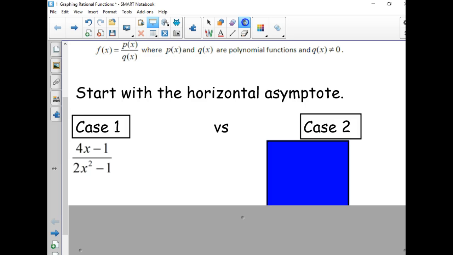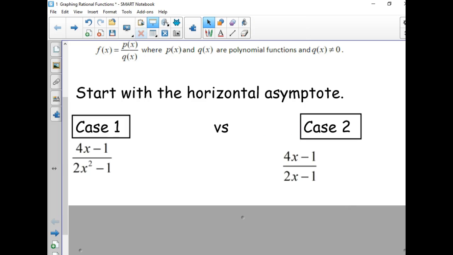And then I actually want to show you case 2, and I want to just talk about comparing them for a second. So my second case is I have 4x minus 1 over 2x minus 1.